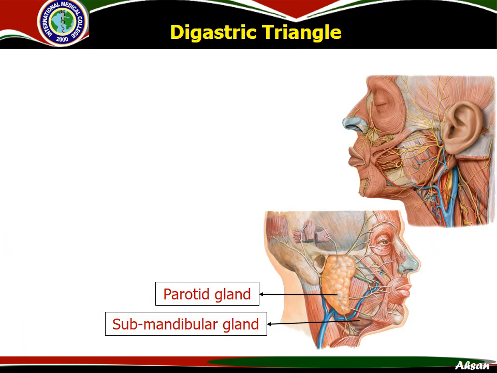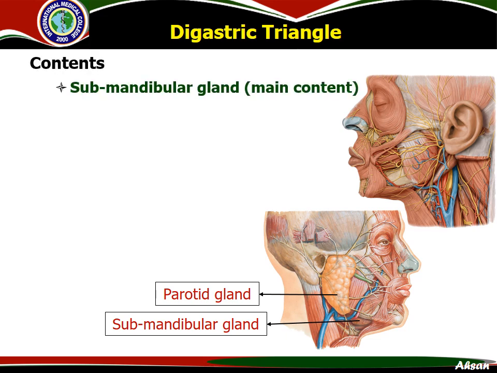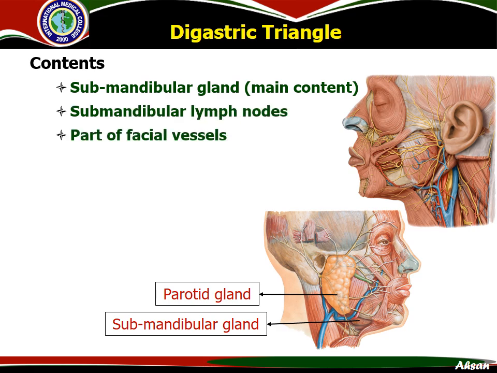You can see in the figure that the digastric triangle is mostly occupied by the submandibular gland. On its surface, there are some lymph nodes, and in the lower figure, you can see that the facial vessels running across the face have entered into the submandibular area. This is the digastric triangle.